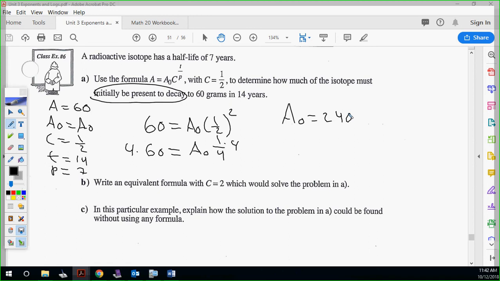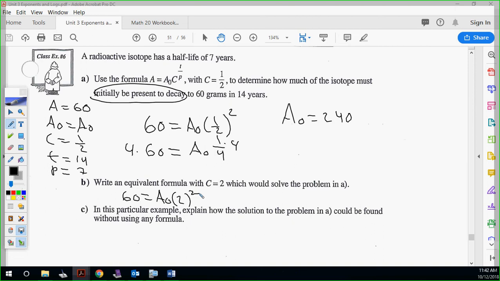Write an equivalent formula with C equaling 2, which would solve the problem in A. Let's just say it's not half-life, it's doubling. That would mean 60 equals A naught times 2 squared. But they don't want to make it doubling.